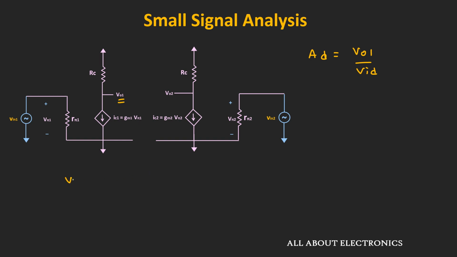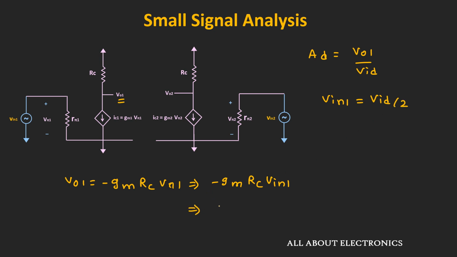Now here, this VO1 is equal to minus Gm times RC times V pi 1. Or we can say that it is equal to minus Gm times RC times V in 1. And here we have assumed that this V in 1 is equal to VID divided by 2. That means VO1 is equal to minus Gm times RC times VID divided by 2.